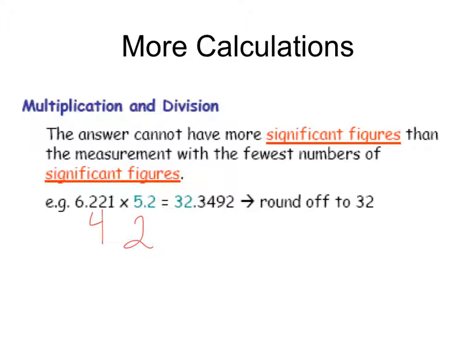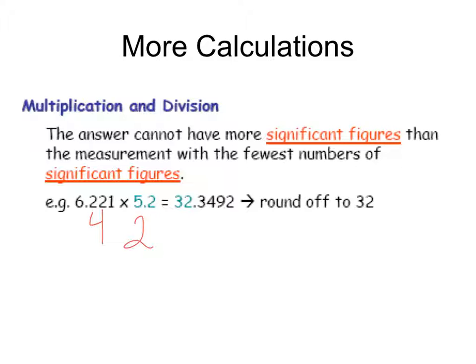So if you put that in your calculator, if you were in math class, you would get this number, 32.3492. So that would imply that you were using a tool with a very, very small calibration. You had very small divisions, so you could measure very specifically.